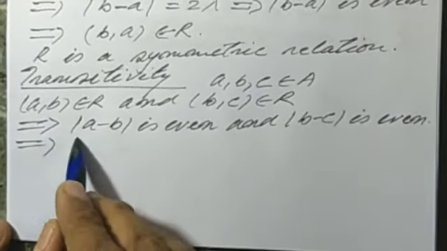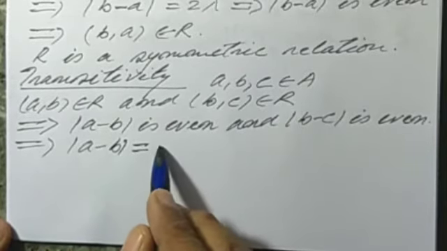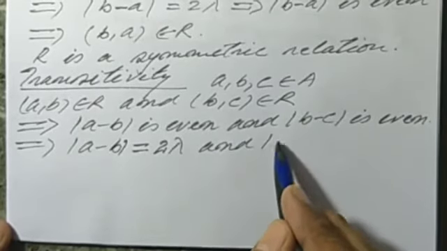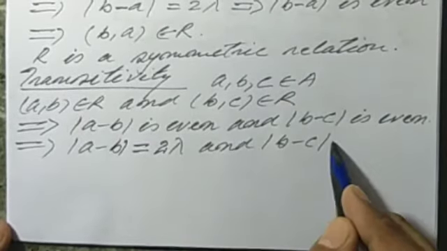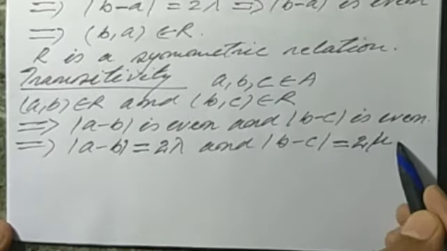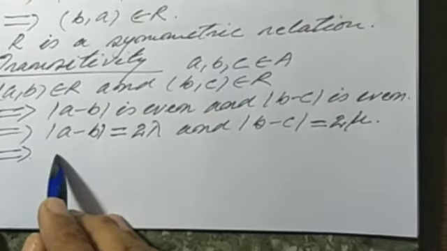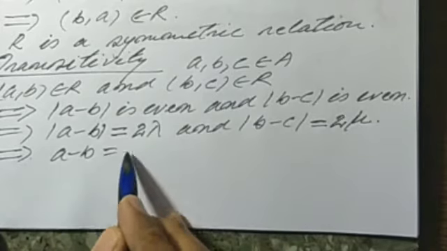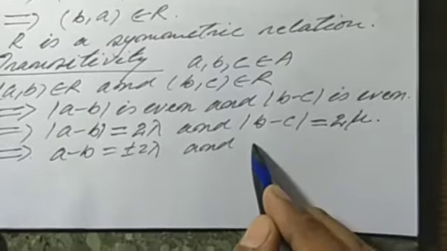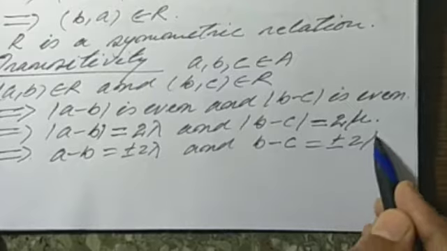So modulus a minus b can be written as a multiple of 2, say 2 lambda, and in the same way modulus b minus c may be written as a multiple of 2, say 2 mu. So a minus b is equal to plus minus 2 lambda and b minus c is equal to plus minus 2 mu.